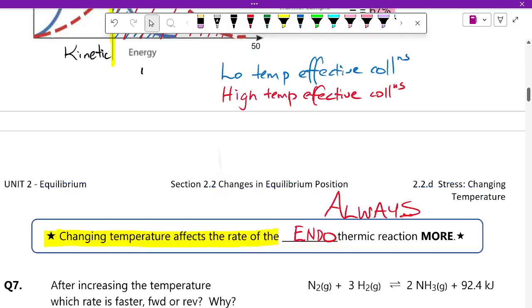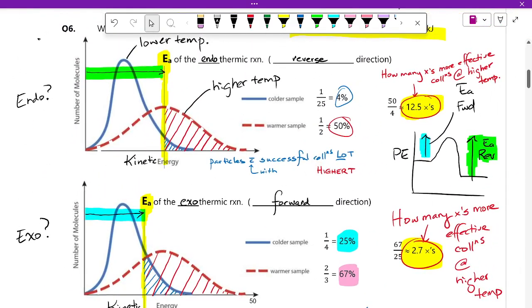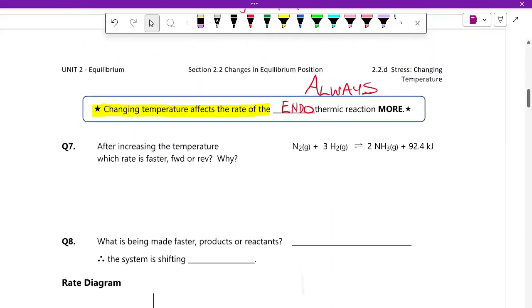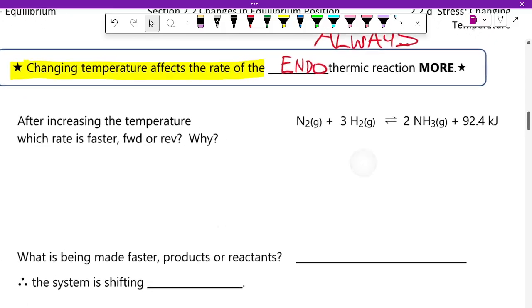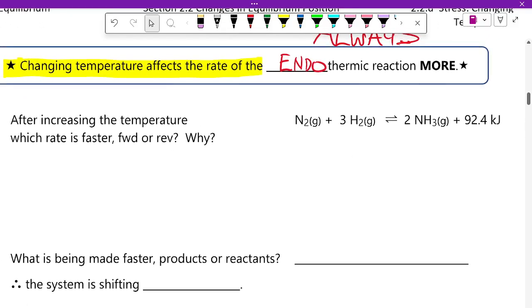Because if you were to draw that graph, it's going to make more of a difference when you have a bigger activation energy, because it puts it down into the larger section of the curve. After increasing the temperature, which rate is faster, forward or reverse, and why?